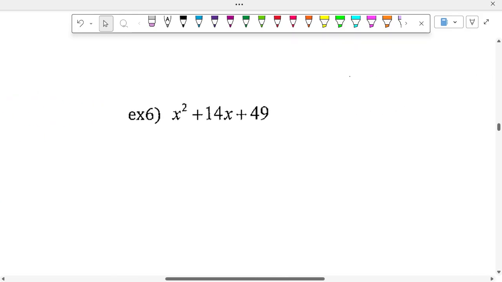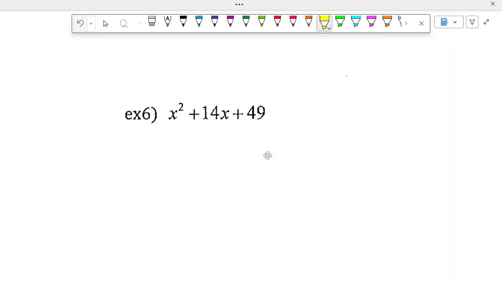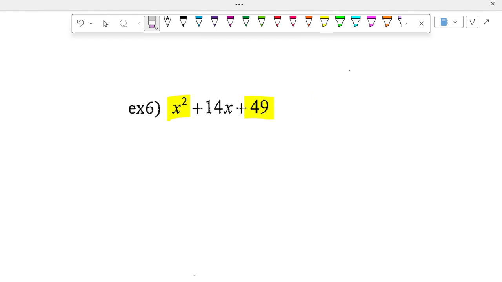All right, so this is also a perfect square trinomial because the first term is a perfect square, which is x squared. The last term is a perfect square. So, what's the square root of the first term?